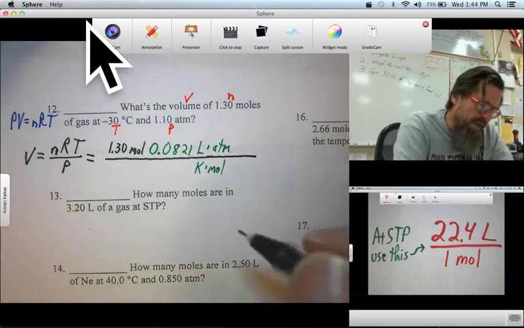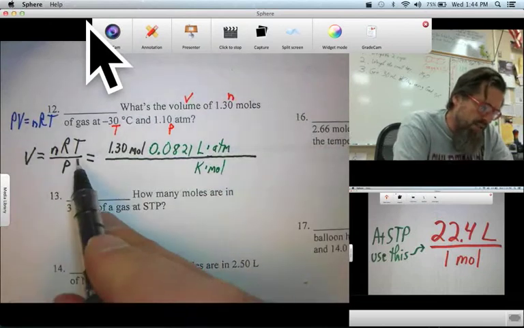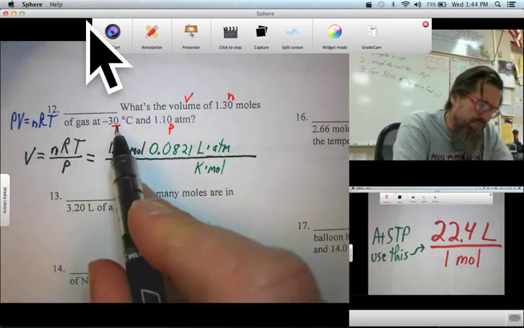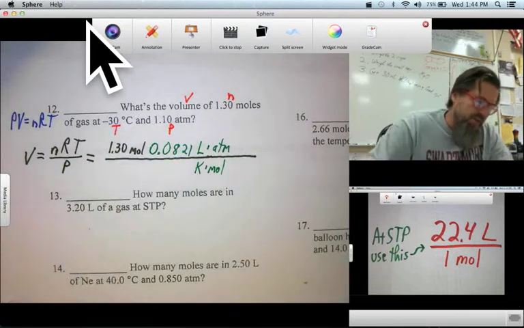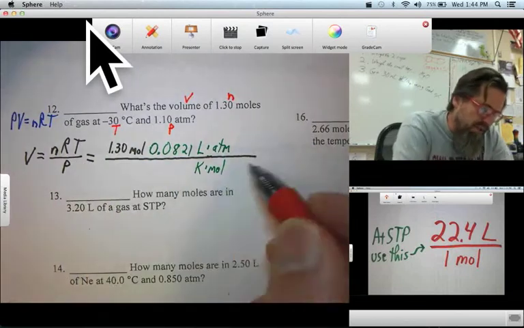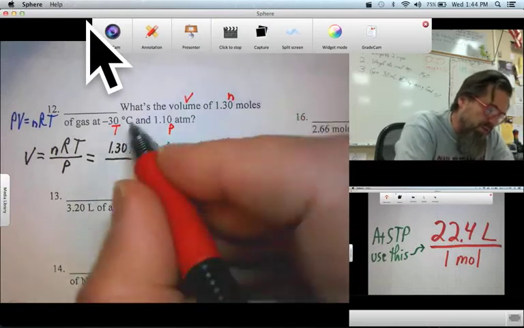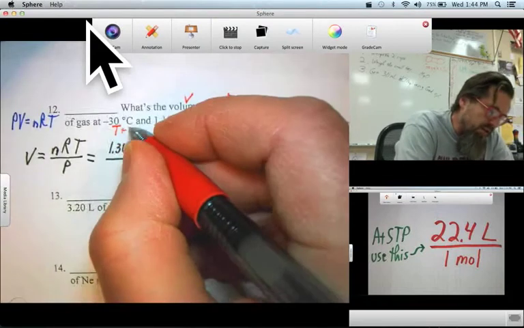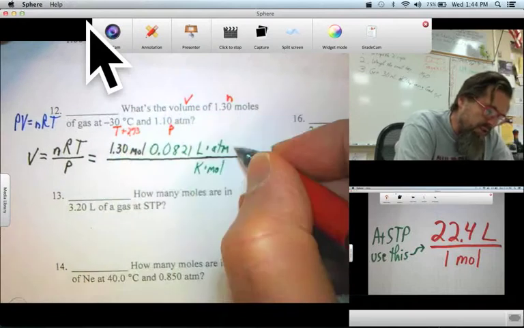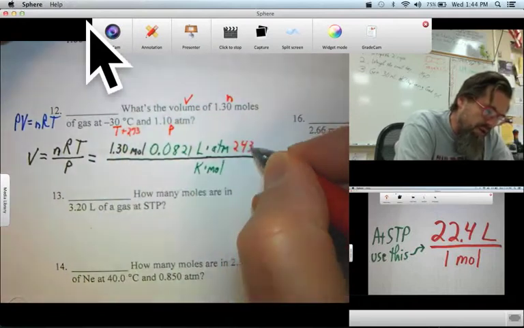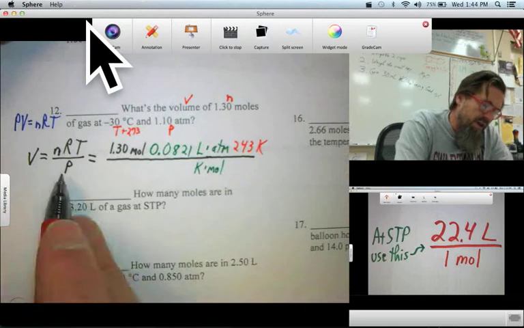And T is minus 30 degrees C. But we don't want to enter degrees C here, we want to use Kelvin. So T plus 273 is 243 Kelvin, and we divide by P.